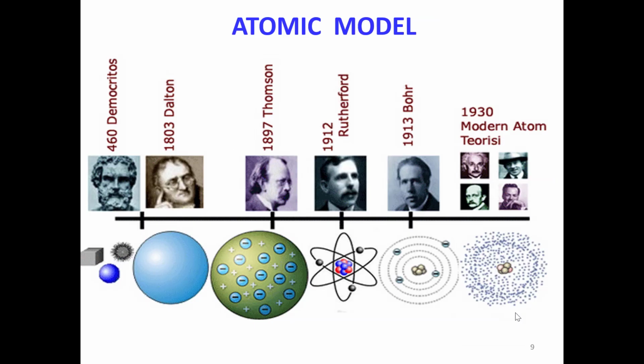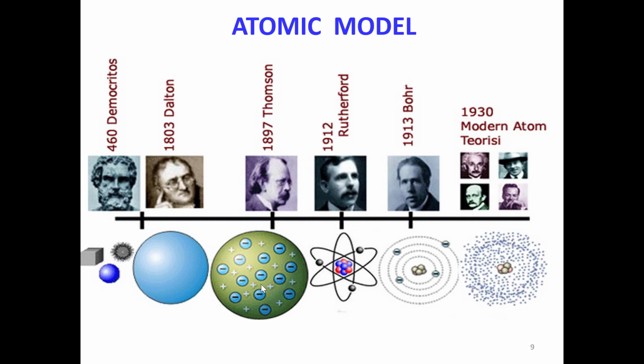The atomic model is also one of the examples of how experiments and theory are important in science. Here we have the timeline of the atomic model, and we can see how the atomic model changed through time. This happened because it was needed to explain the experimental results that were found at that time.